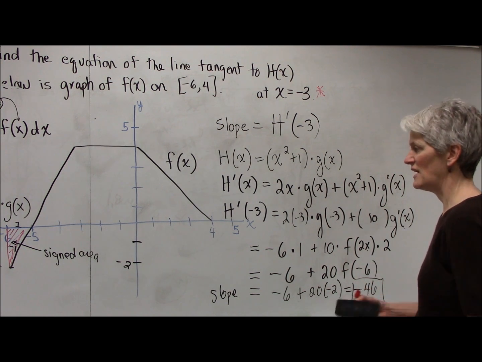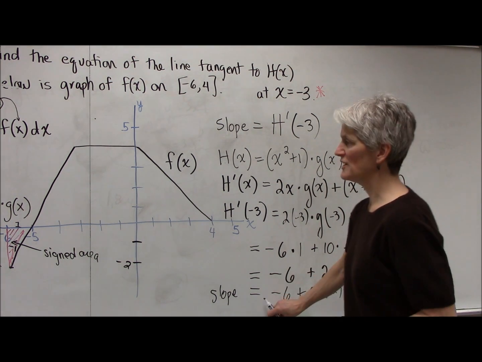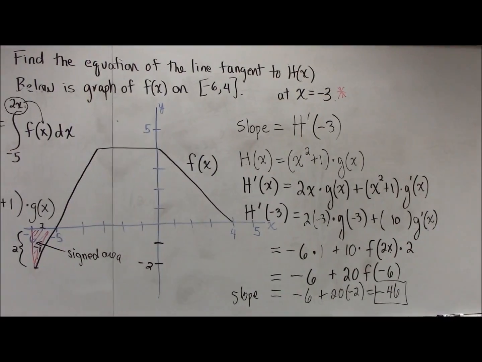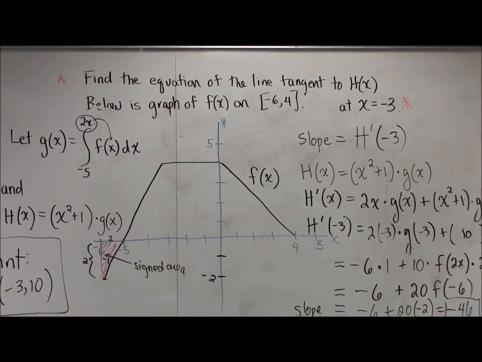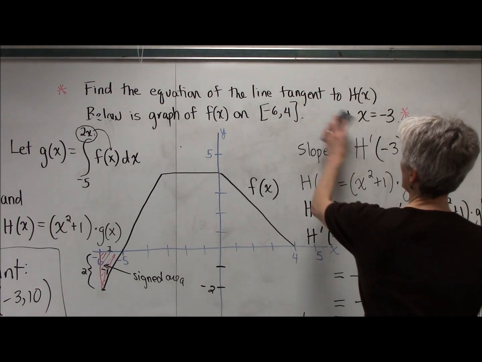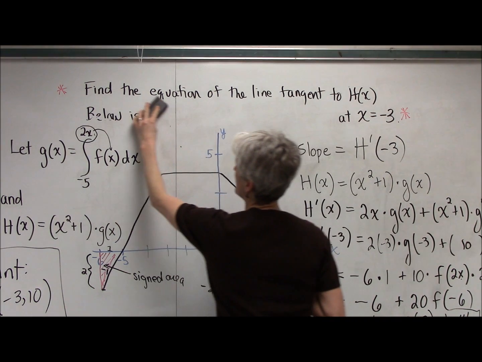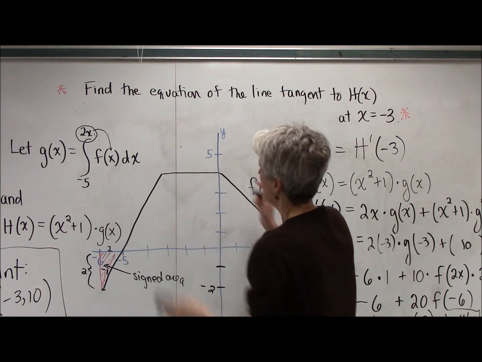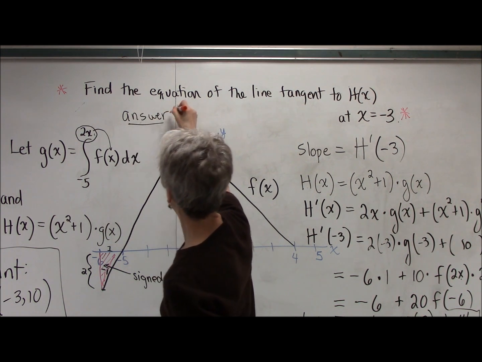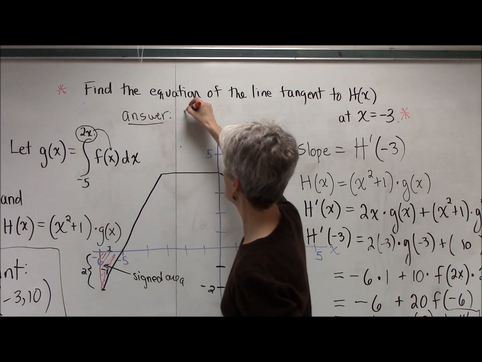Wowie kazowie. So now let's put this all together, shall we? Let's put this all together and answer the question. The question, of course, was asking for the equation of the line tangent to h of x. And my answer, I'm just going to write it in point slope form because I like that the best.